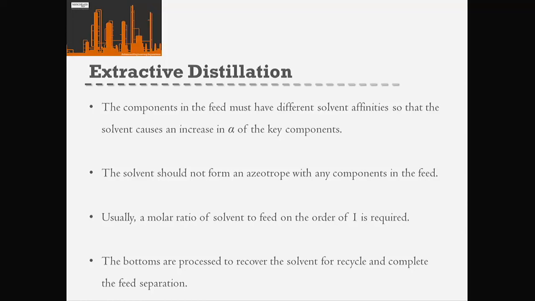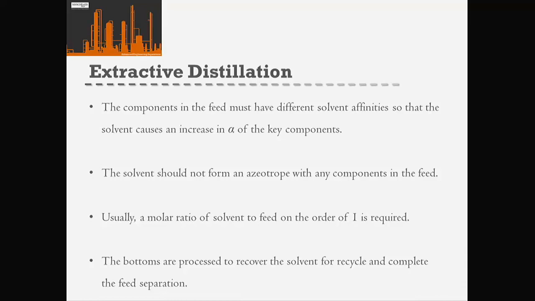Because we've got these very non-ideal components, because we have to have non-ideal components if we have an azeotrope in our system, it generally means that those components have very different affinities. So their solubility parameters are very different. In liquid-liquid extraction, we took advantage of those differences in solubility parameters to actually add another component that preferentially dissolved one of those components based on that difference in solubility.